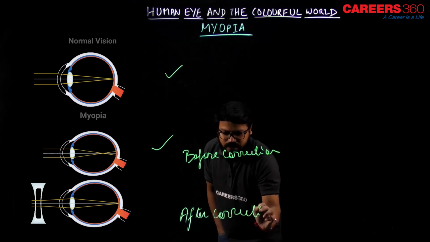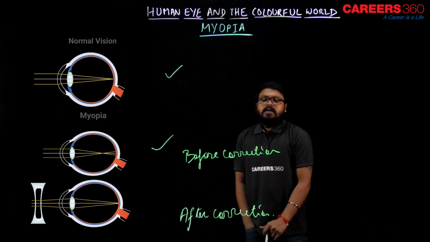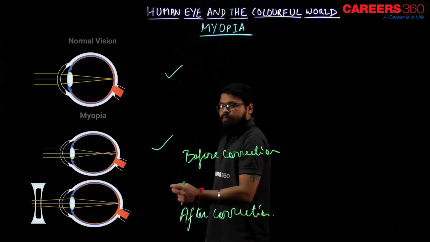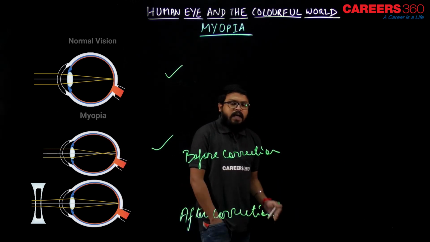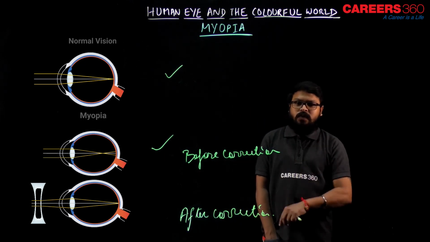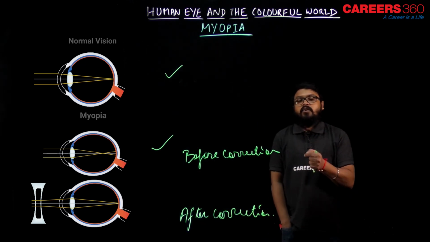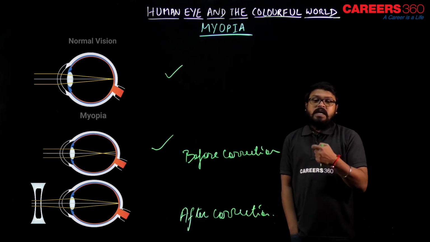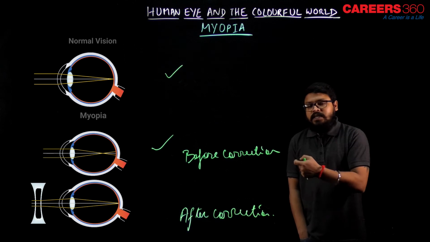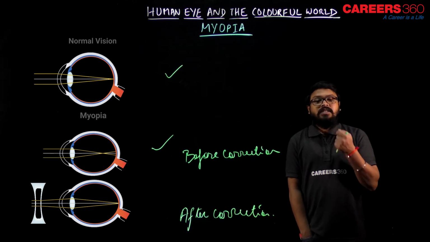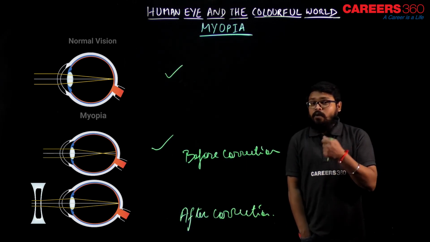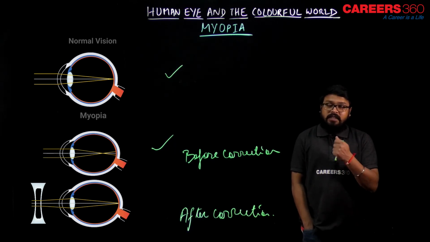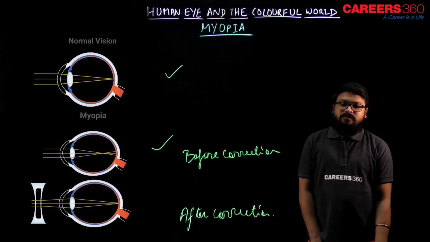Before correction the image was blurry. After correction we use one concave lens, and the image of the concave lens is a virtual image. That virtual image acts as an object for the eye lens, and that object is at near distance. Near distance objects are easily focused on the retina wall by the eye lens which is suffering from the myopia defect of vision.